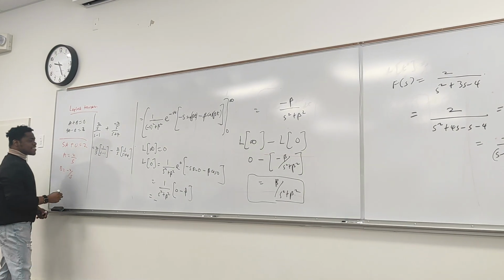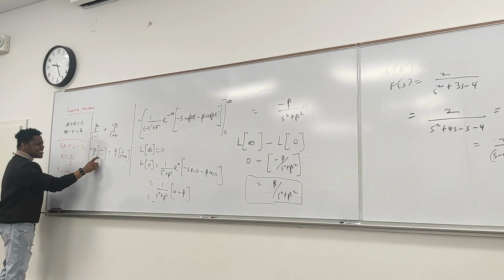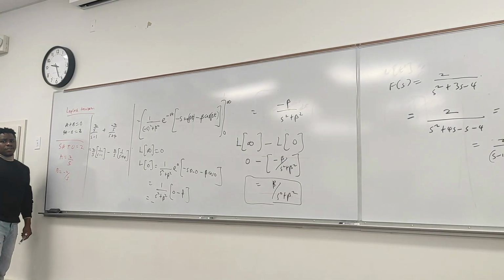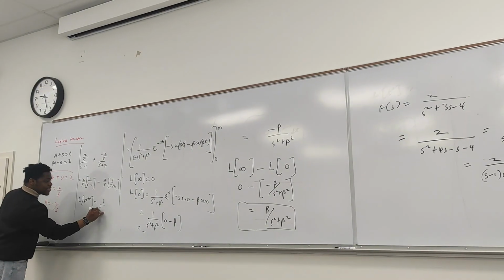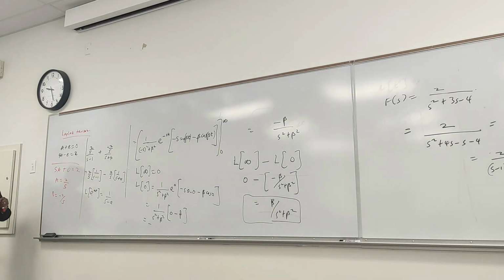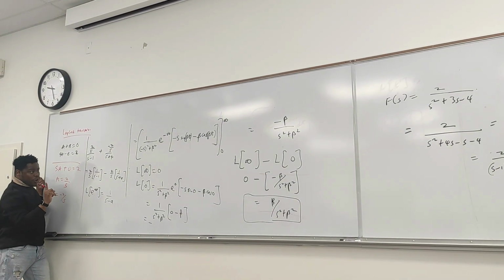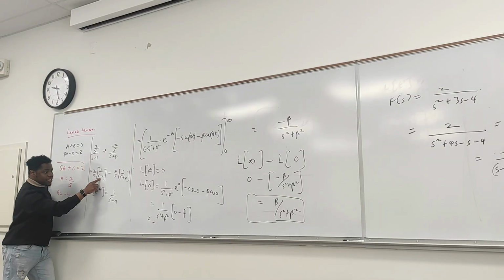Now look at your Laplace table very well and tell me which Laplace is similar to this. Look at your table. It's similar to 1 over s minus a. So if you look at it in this case, assuming our a is 1, 1 over s minus 1 is the same thing as what?